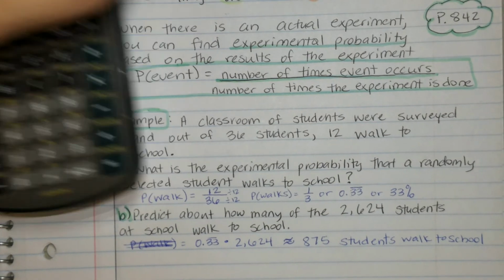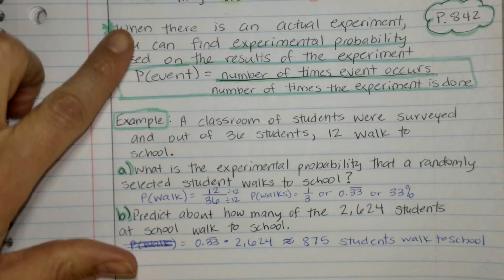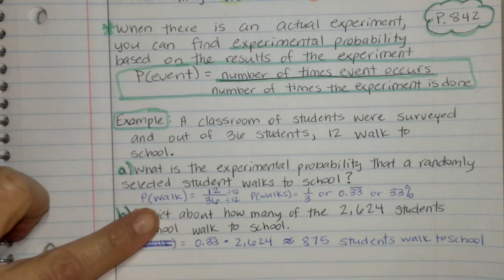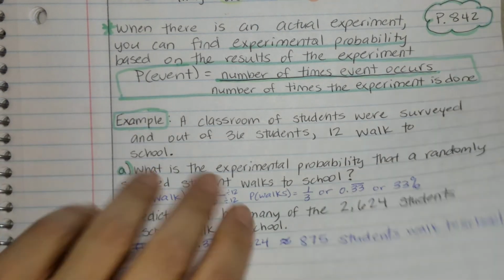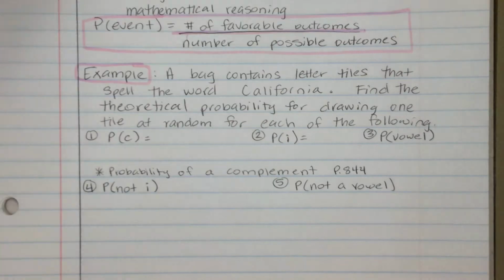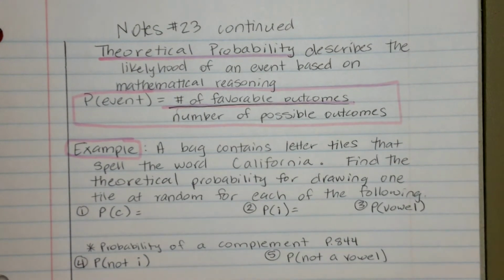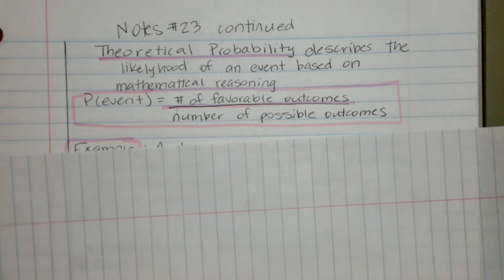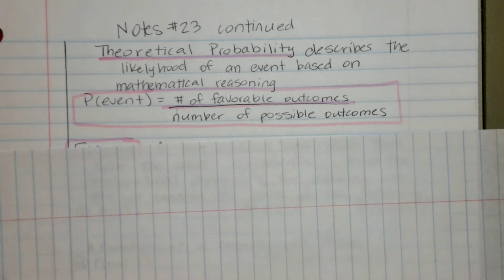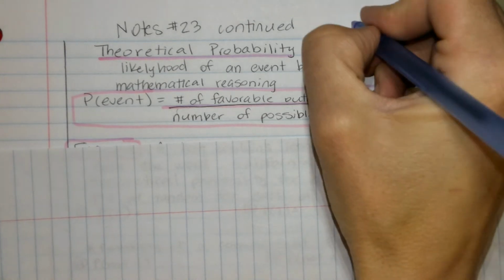All right, so this was an experiment based on real, actual data, real numbers. Now we're going to move on to theoretical probability. So first, let's write this down. Let me tell you what page that's on too. I forgot to write the page number. This is on page 843 in the book.